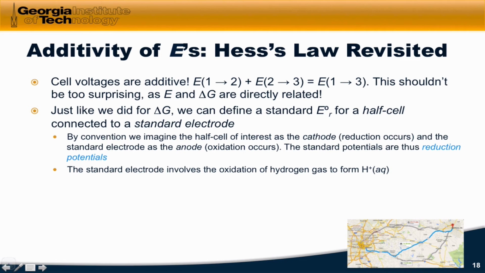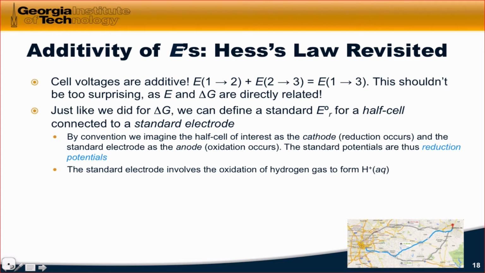So just like we did for delta G's in defining standard free energies of formation, for example, we can define a standard cell voltage for a half cell, the electrochemical potential of a half cell connected to a standard electrode, which is going to be the standard hydrogen electrode.